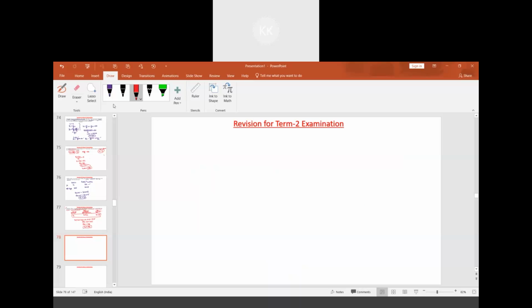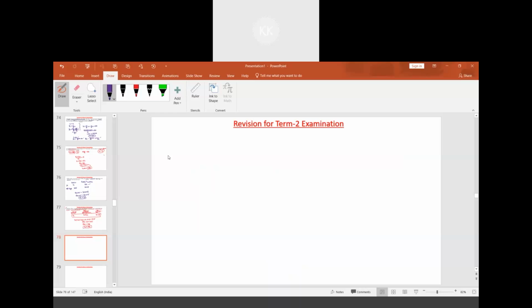Data handling. Data handling is a very easy topic. In this, only one question I have asked in the exam. Maybe the important ones are making a frequency table and making a histogram or pie chart.